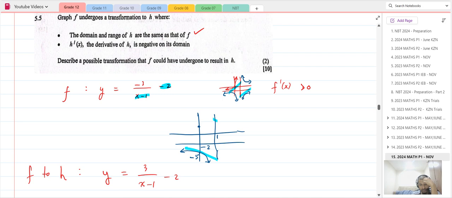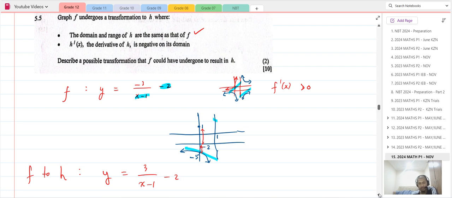The original graph had y-intercept at 1, 0, becoming minus 5, 0. Distance 3, distance 3. F to h.